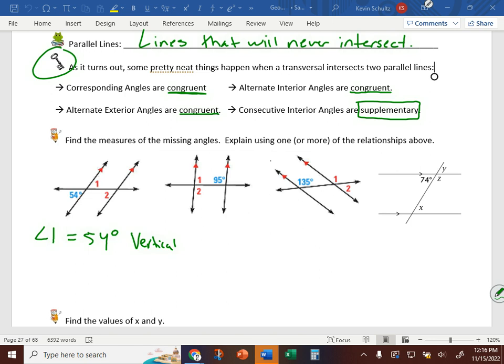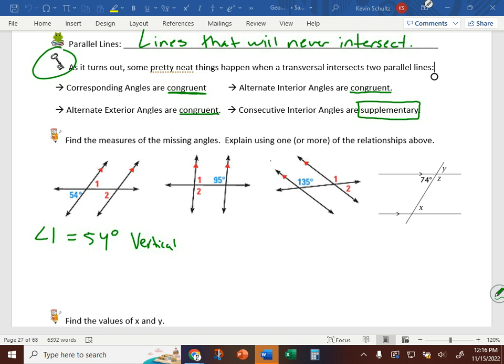Now that we know that angle 1 is 54 degrees, how can we get the measure of angle 2? I'm asking you what the measure of angle 2 is.